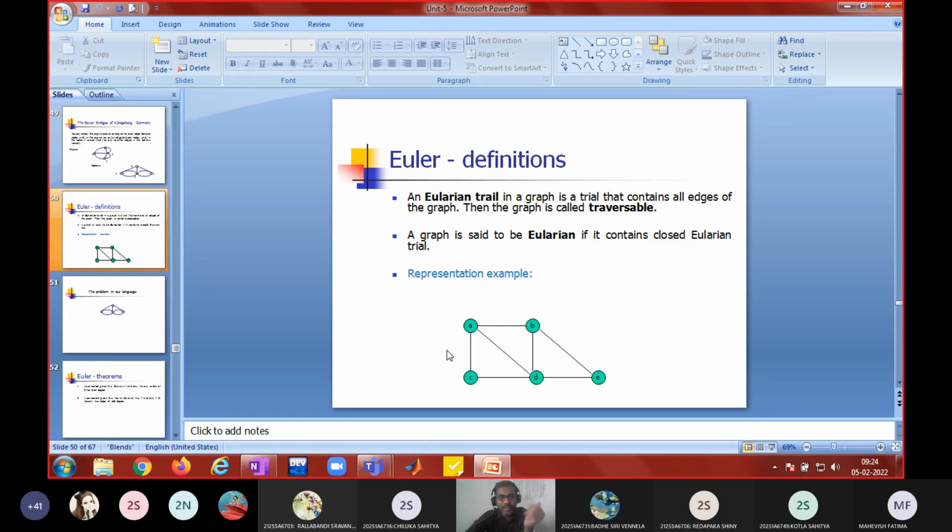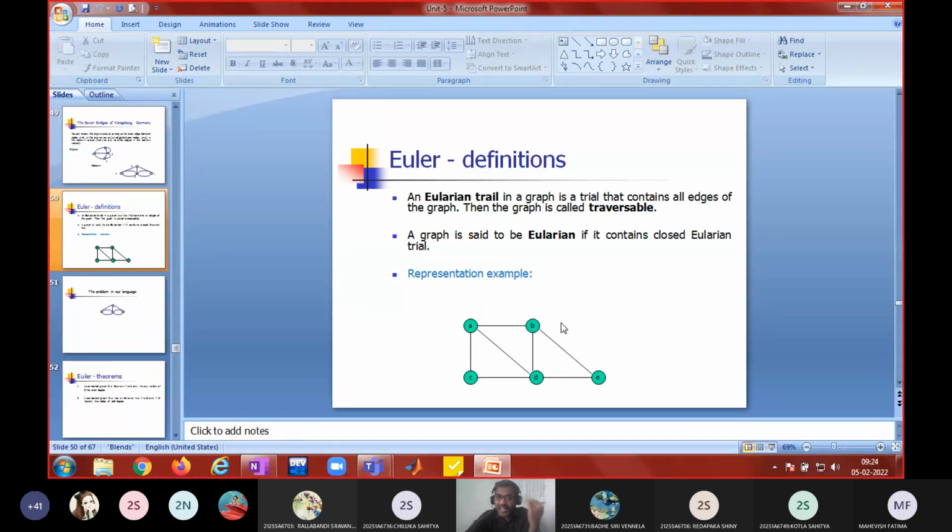My trail may be from A to C, C to D, D to E. This trail contains only 3 edges. Another trail can be A to D, D to B, B to C, again containing 3 edges. Like that you can have several trails containing distinct edges of the graph.